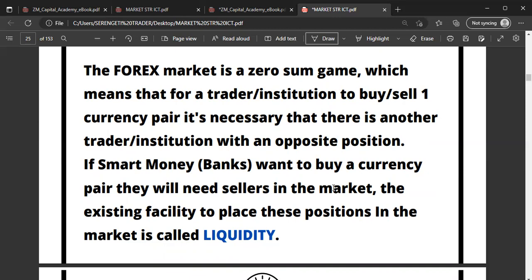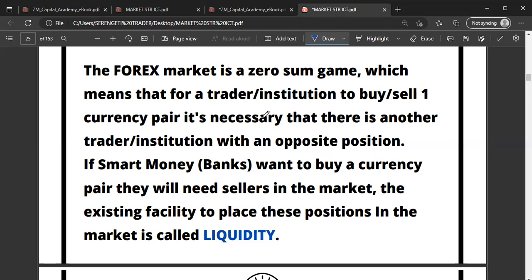And for them to buy, there should be sellers in the market, is it? So let me use a drawing to show it clearly. For example, they want to sell, and for them to sell, there should be buyers, is it?